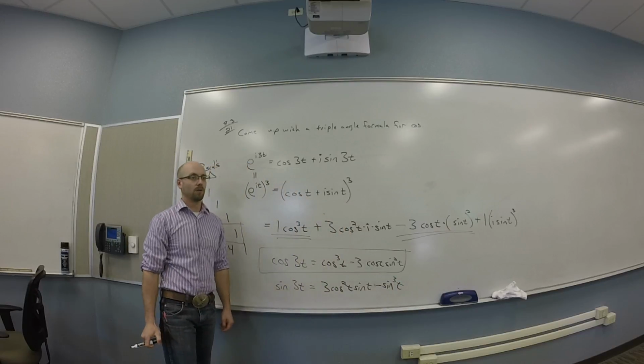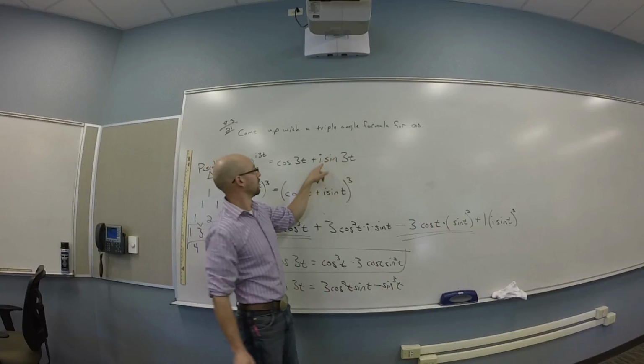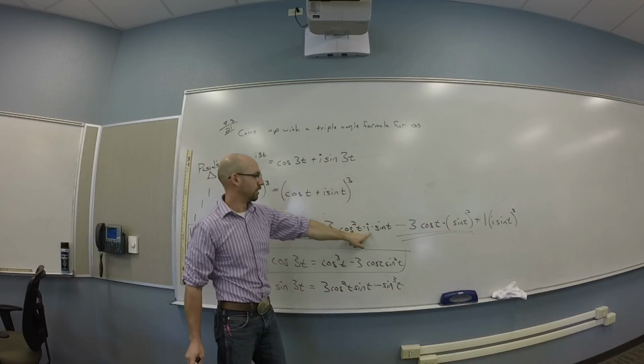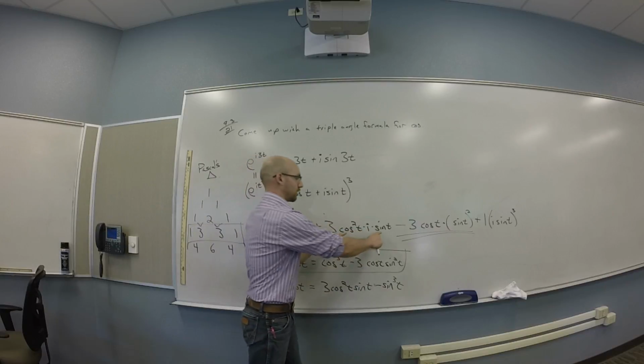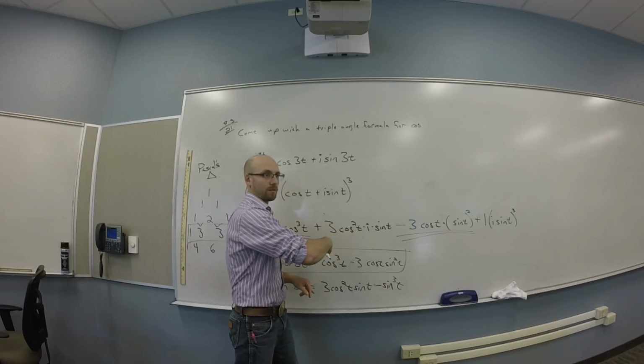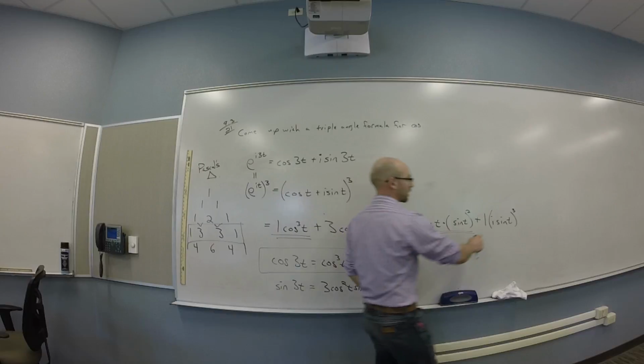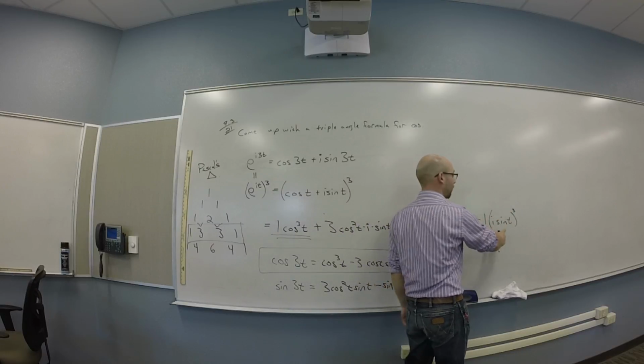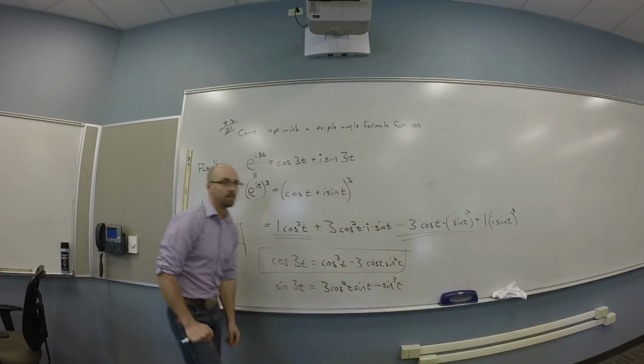Where'd the i go? I'm just kind of using it as a marker, right? This guy's an i sine of 3t. So this guy's got an i in it. That means the rest of it goes with the sine of 3t. And this guy's got a negative i in it. So the i is just a marker and the rest goes in here.